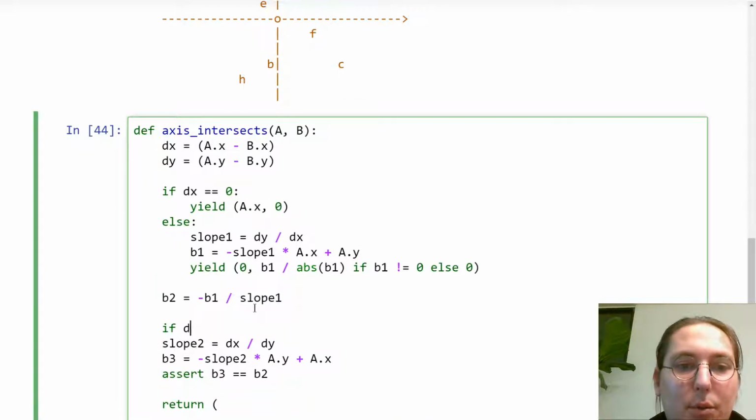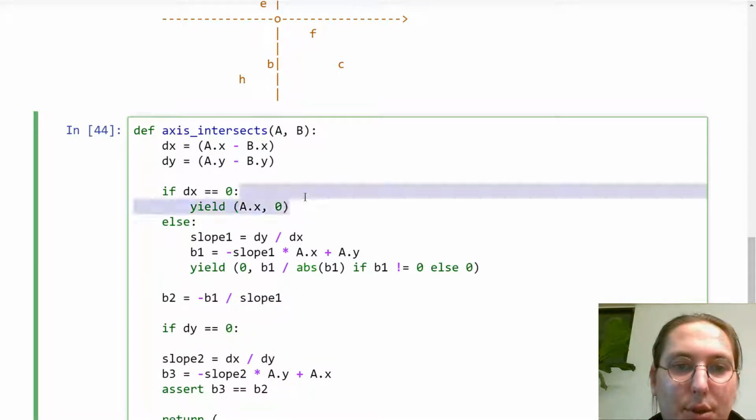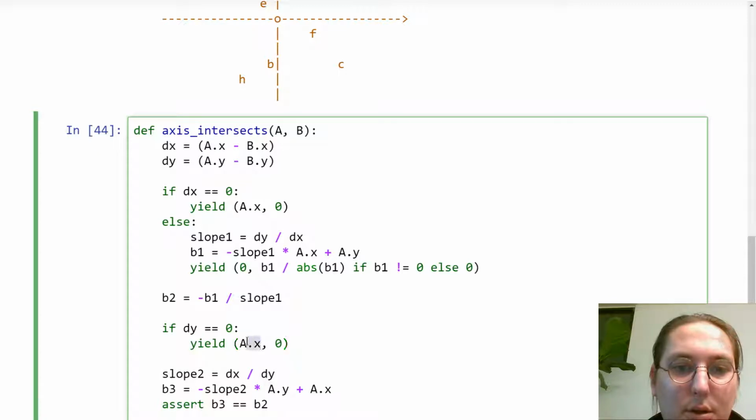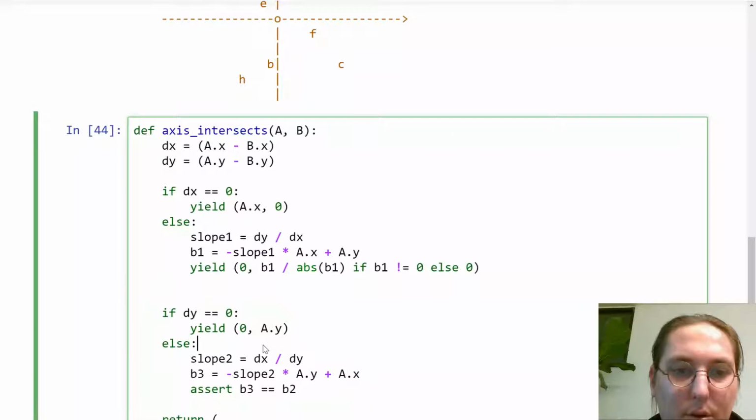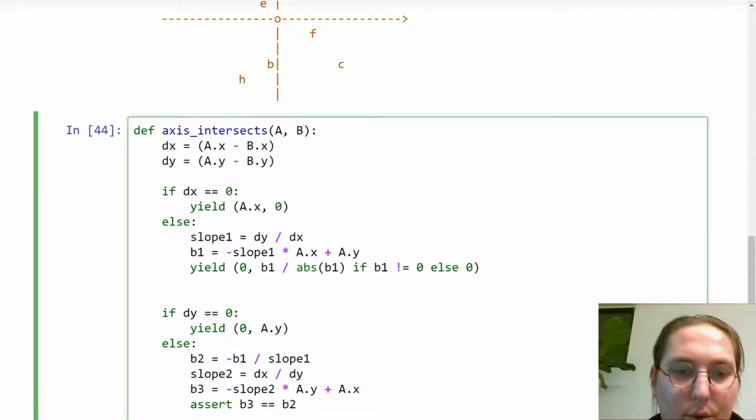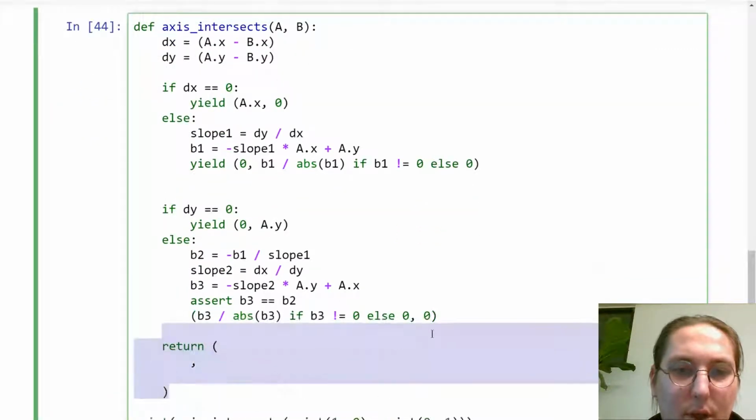So if dy is 0, then we do similarly a dot y, else, and I guess we only need this for here, and we return this one.